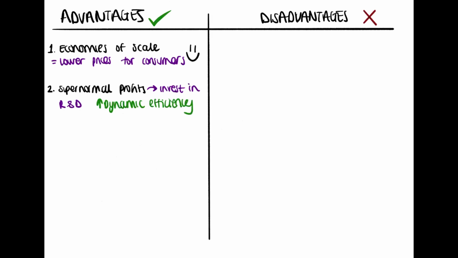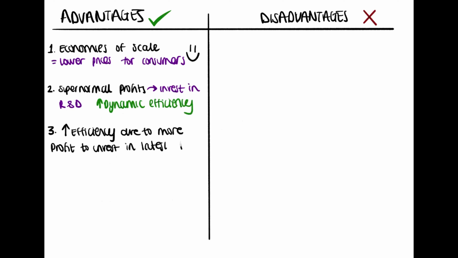Another advantage would be that the monopoly may actually be efficient due to, again, using its supernormal profits to invest in the latest technology, which may reduce long-run cost. And this then could be passed on to consumers in the form of lower prices.